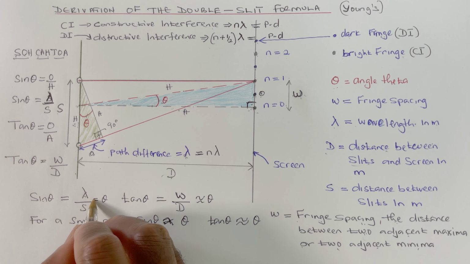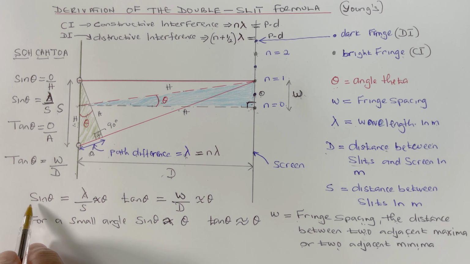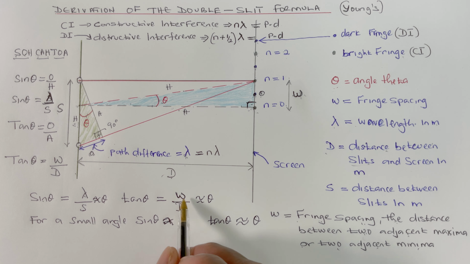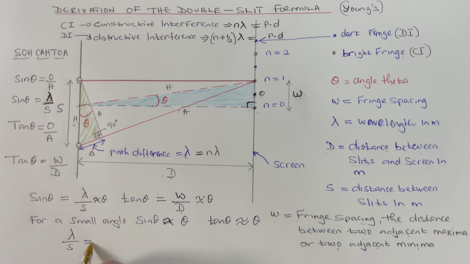So therefore, lambda over S is equal to theta, and W over D is also equal to theta. Since they're both equal to theta, lambda over S will be equal to W over D.